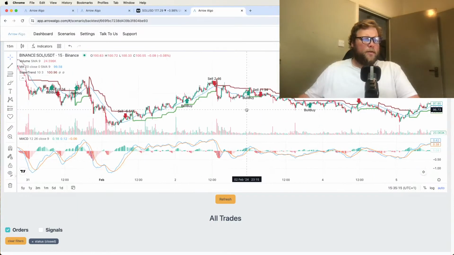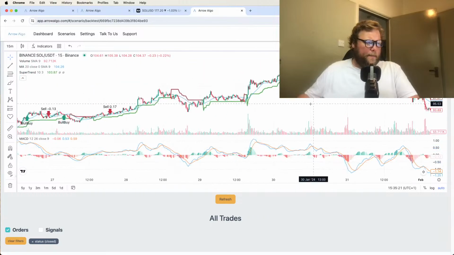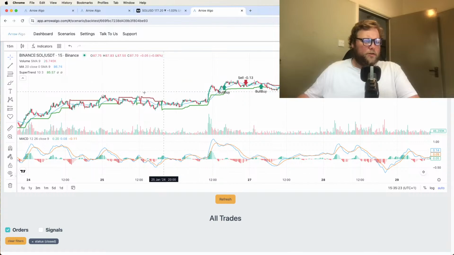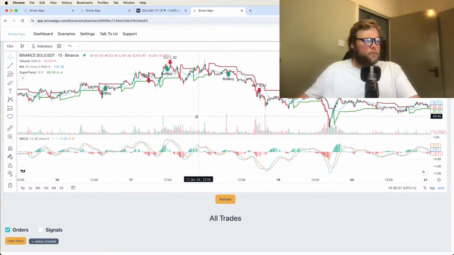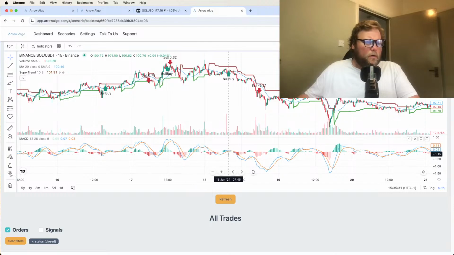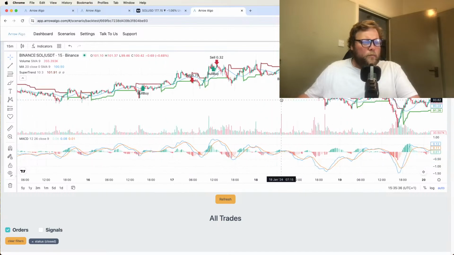So we'll have a look at a couple of these signals that we're looking to get rid of. And see which one suits better. So that one. MACD was above the signal there.